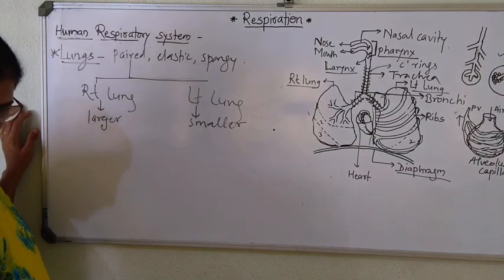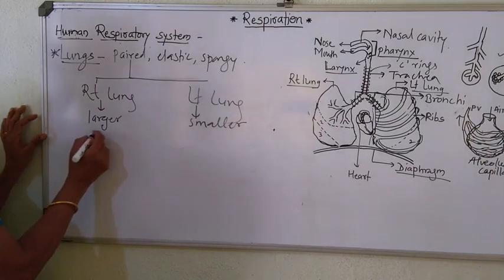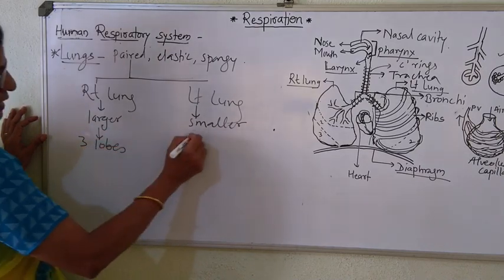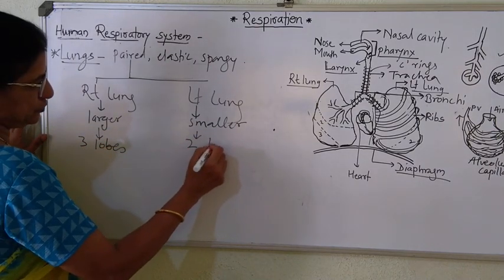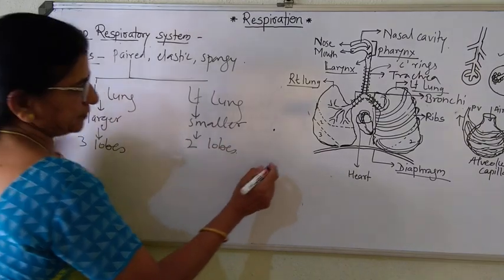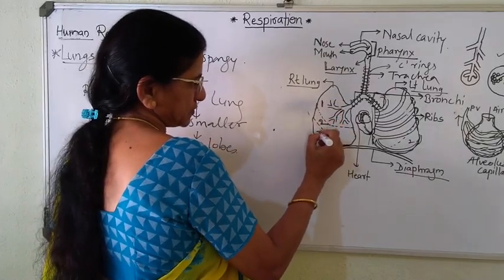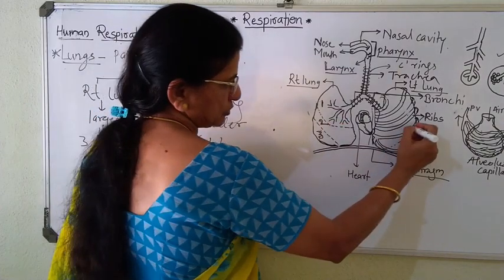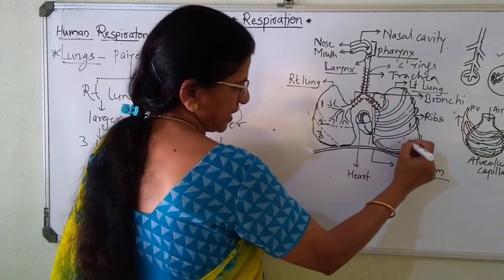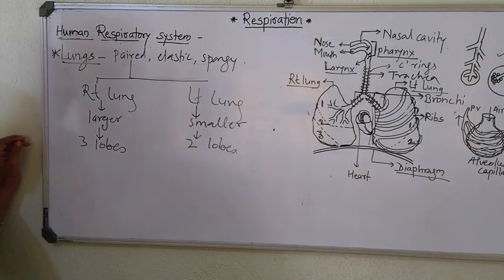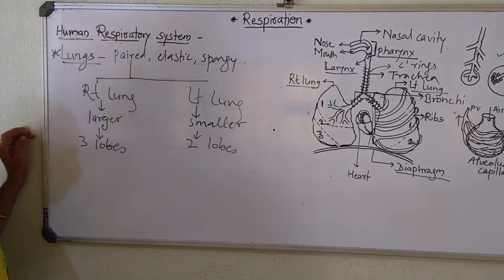Clear? Then the right lung is divided into 3 lobes. The left lung is divided into 2 lobes. You can see here. This is the first lobe of the right lung. This is the second. This one is third. Here also, this one is the first lobe and this one is the second lobe of the left lung. Total 3 lobes in the right lung and 2 lobes in the left lung. Why?